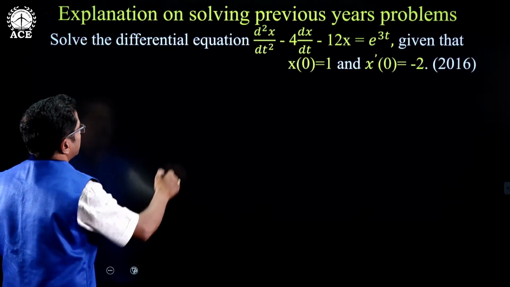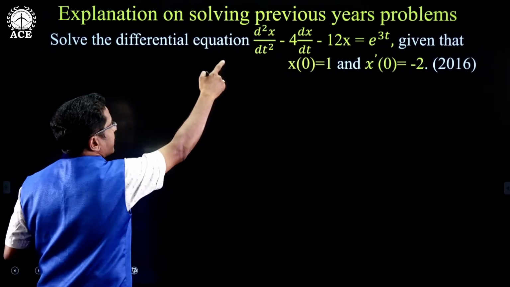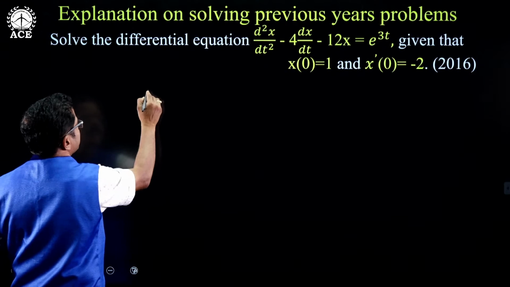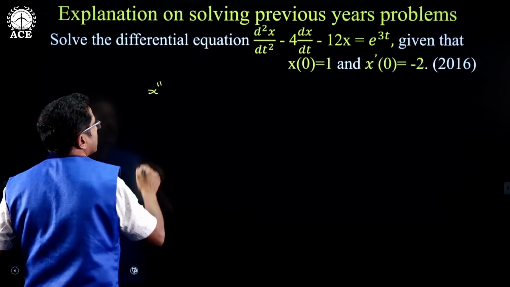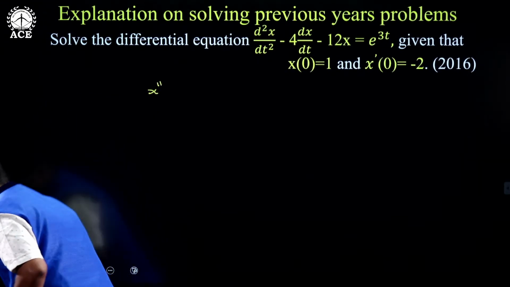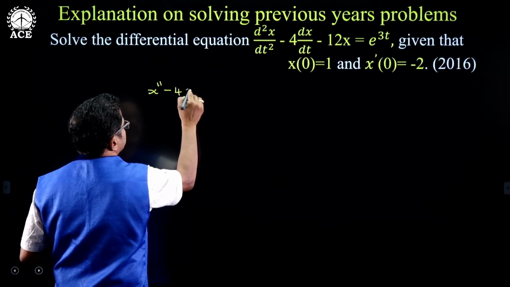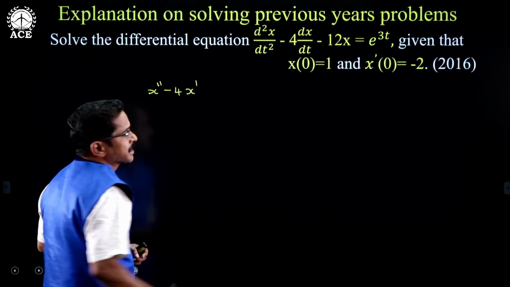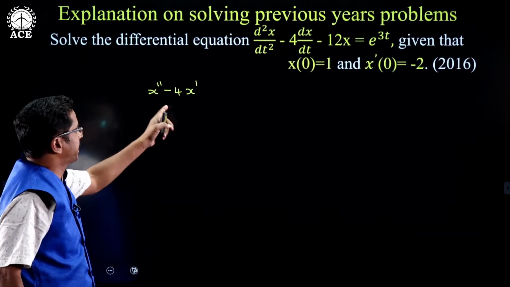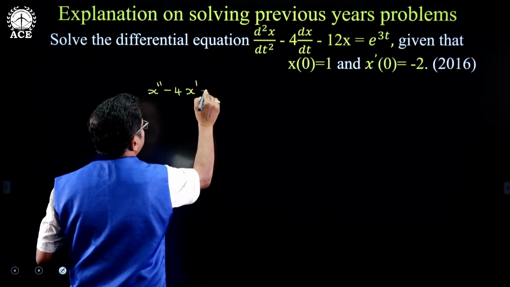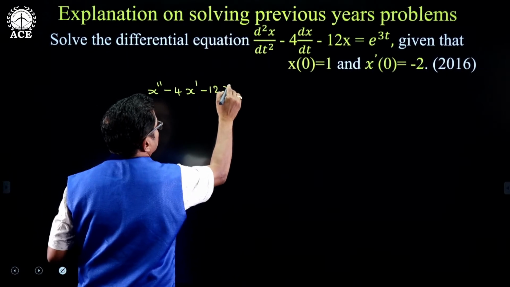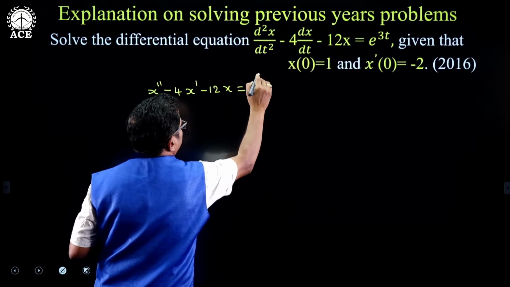Here, this I will write as d square x by dt square. I am writing as x double dash minus 4 into x dash, dx by dt I am writing as x dash, minus 12x is equal to e power 3t.